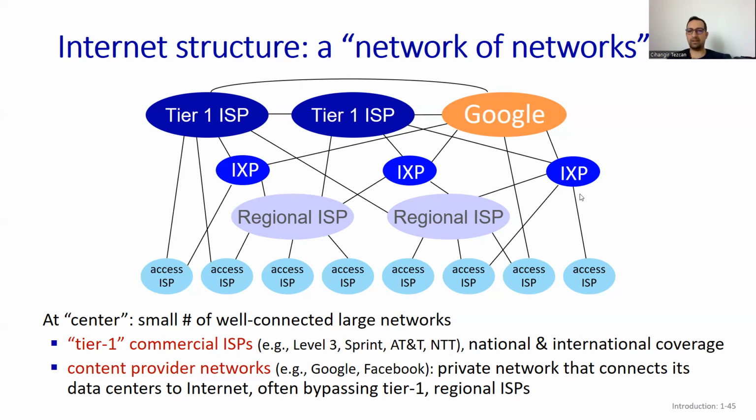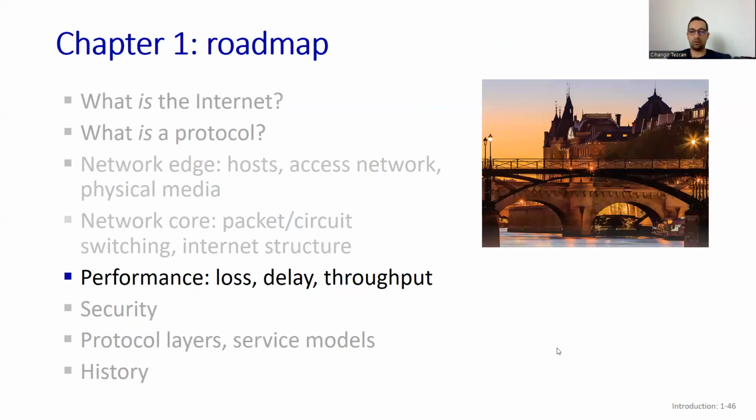The money you pay depends on the data you are transmitting using the regional or tier 1 ISP. This is why you may want to avoid using them and instead use an internet exchange point. Okay, this will be all for the network core.